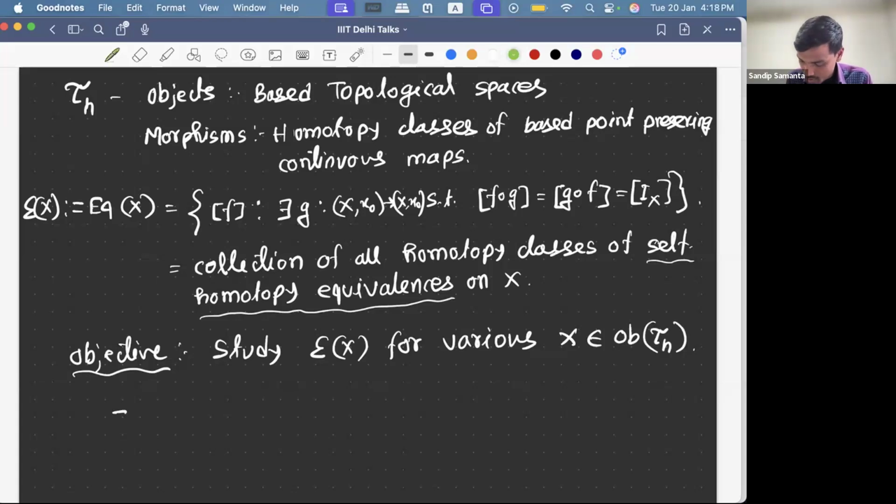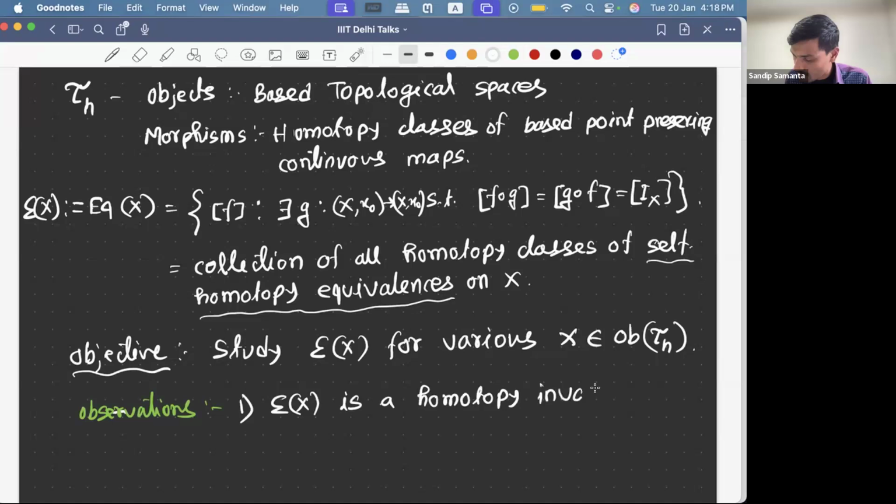Let me write it as an observation. This E(X) is a homotopy invariant of X. That means if we have some space X homotopy equivalent to Y, then these groups are isomorphic, right?